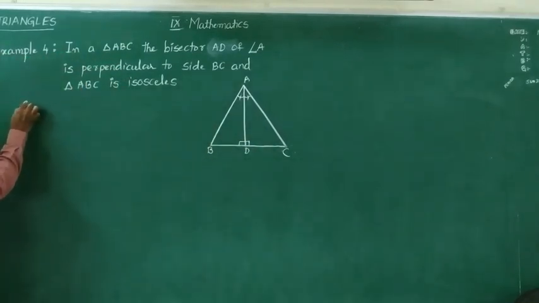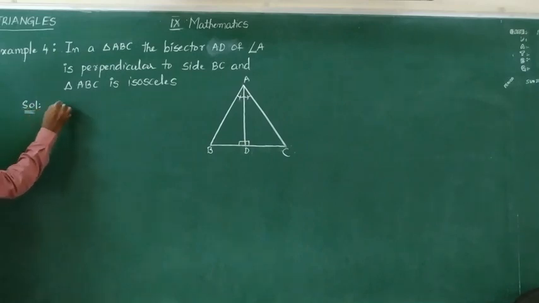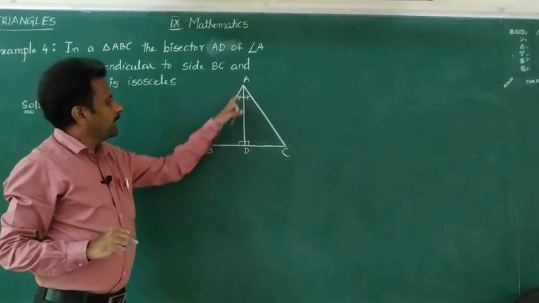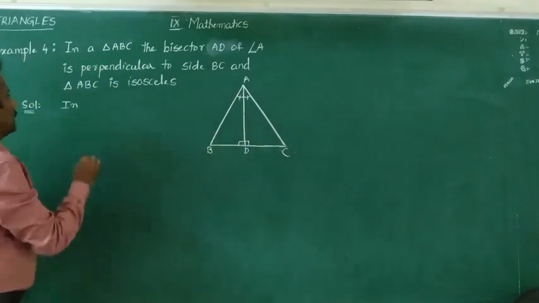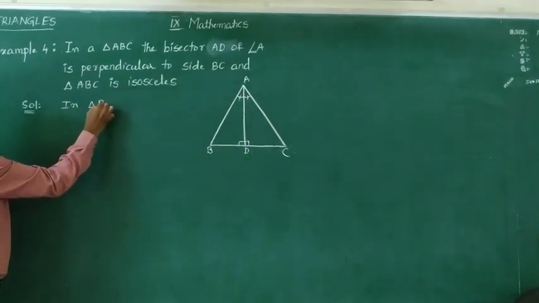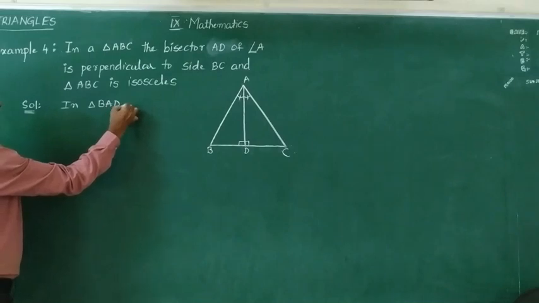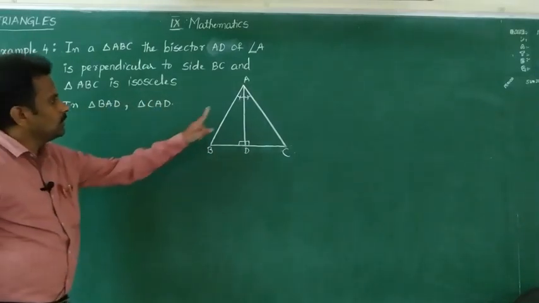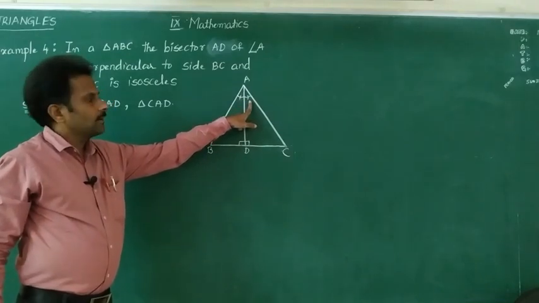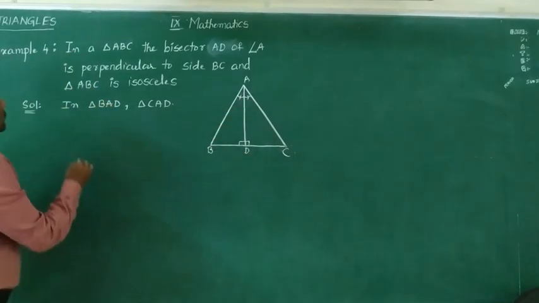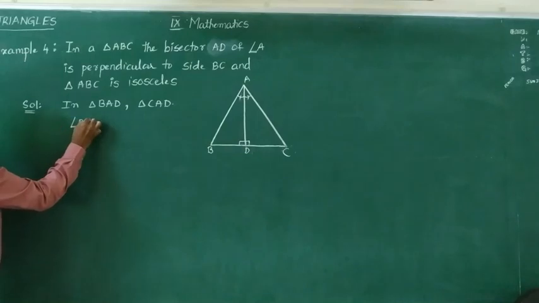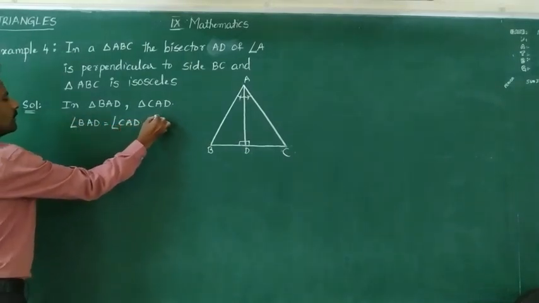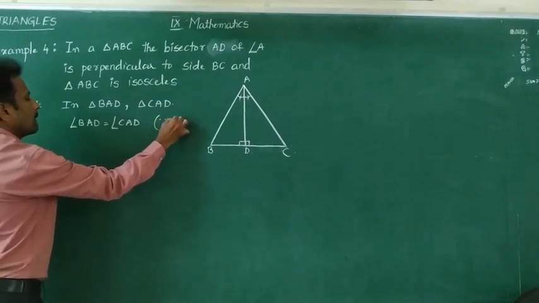So now let us see. What are the triangles we can observe here? BAD and CAD. In triangle BAD, triangle CAD, first write this: angle BAD equals angle CAD, because AD is the bisector, so it is given.